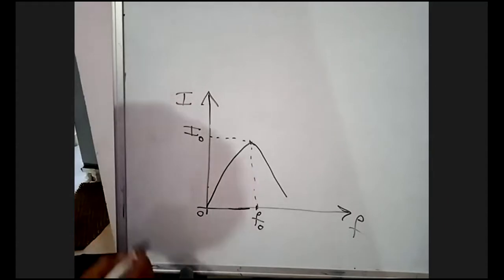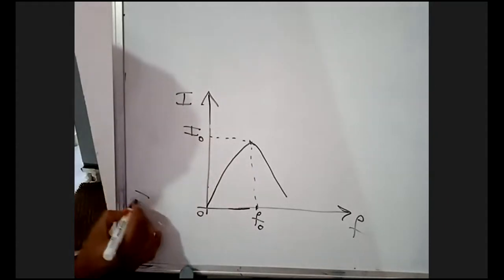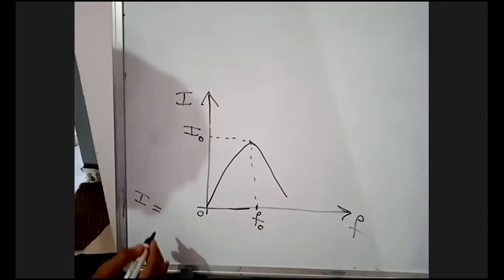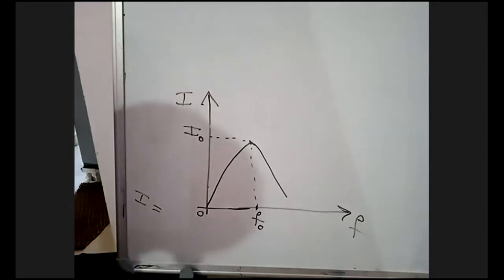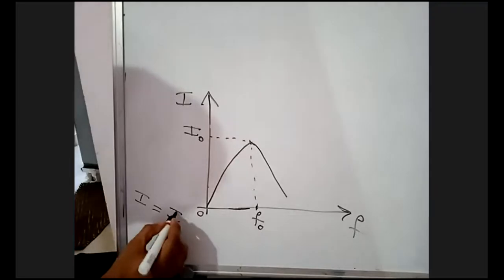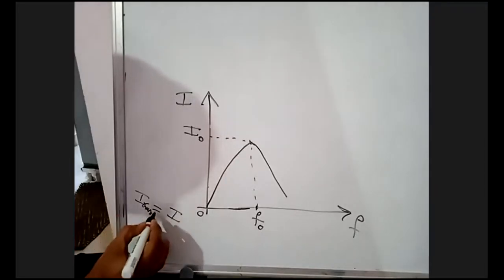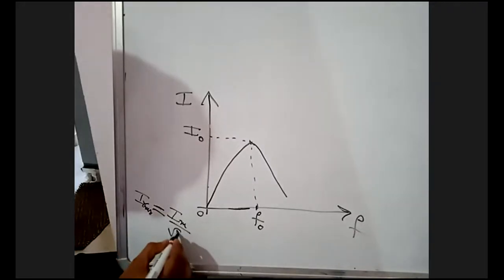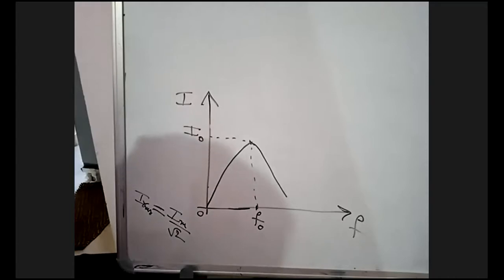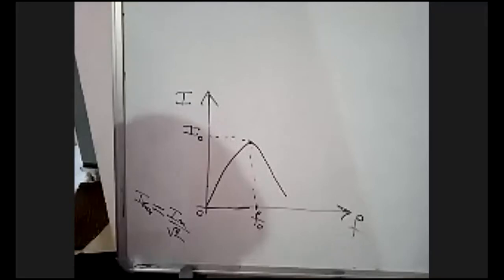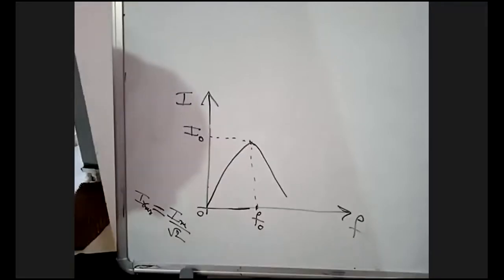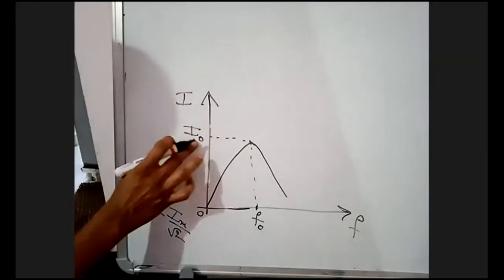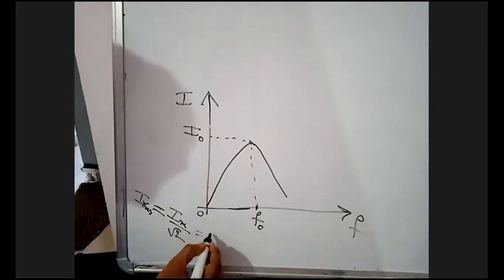Now, this is the maximum value. What is the RMS value? What is the formula in full wave rectifier? I think you remember this formula. IRMS is equal to IM by root 2. Now take this IM, the peak value, as I0, so that is I0 by root 2.